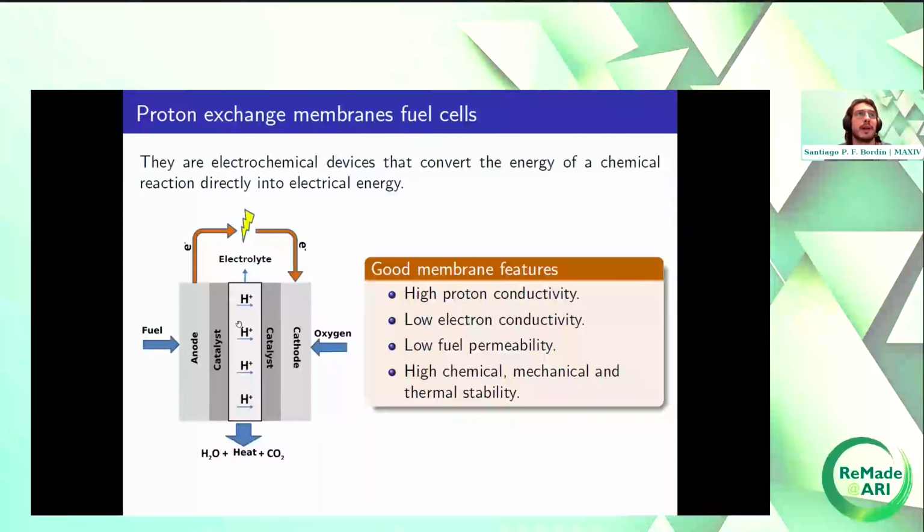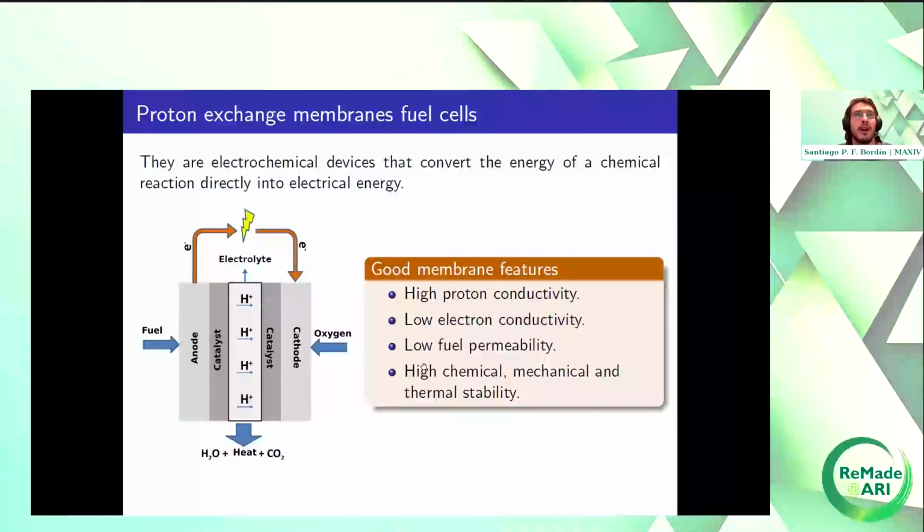And the membrane that we are studying is used as the electrolyte. What are we looking for in the membrane? We need high proton conductivity because we want the proton to go through the membrane, and low electron conductivity because we want to use the electron to generate a current.